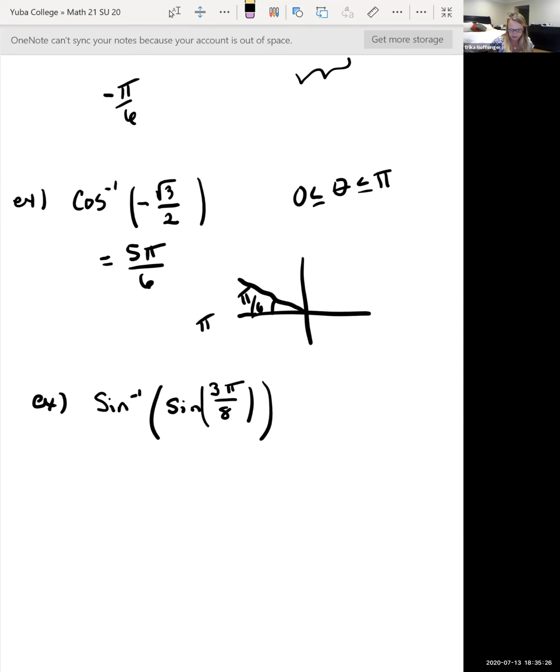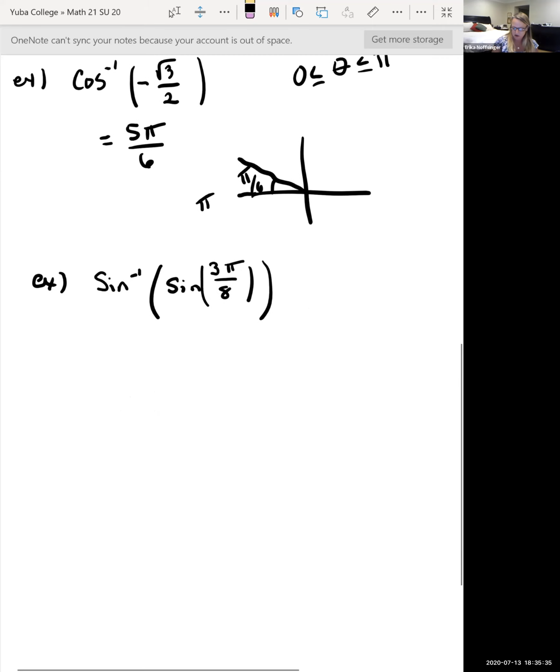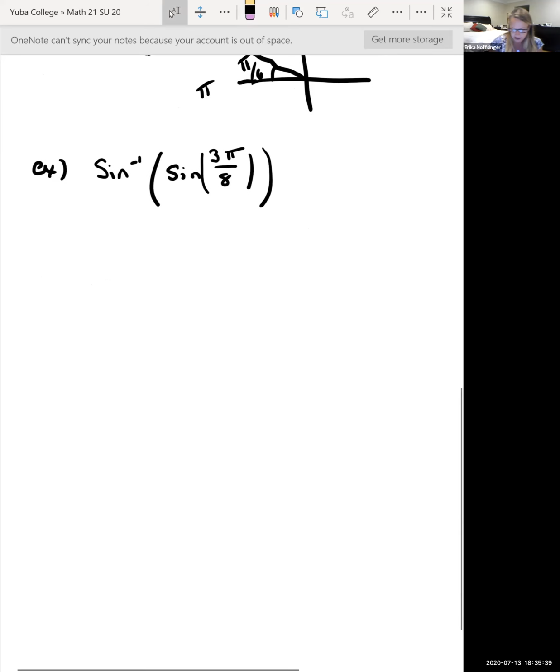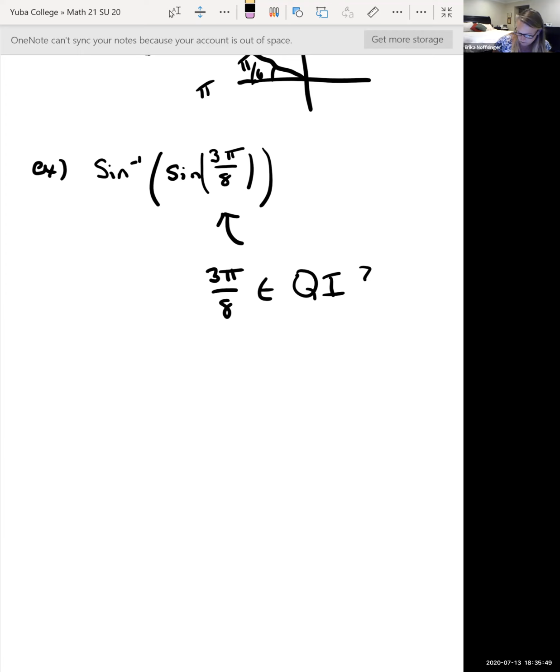So the range has to be, because we have a sine inverse already in this, between negative pi halves and pi halves. So my question is this: is this 3 pi halves or 3 pi 8? Is this contained in quadrant 1?